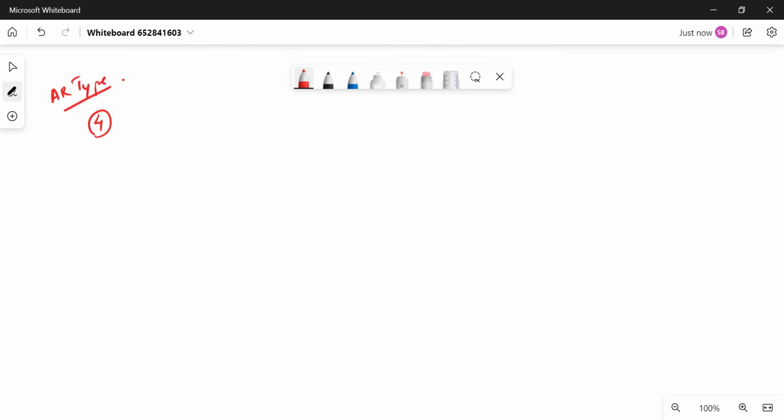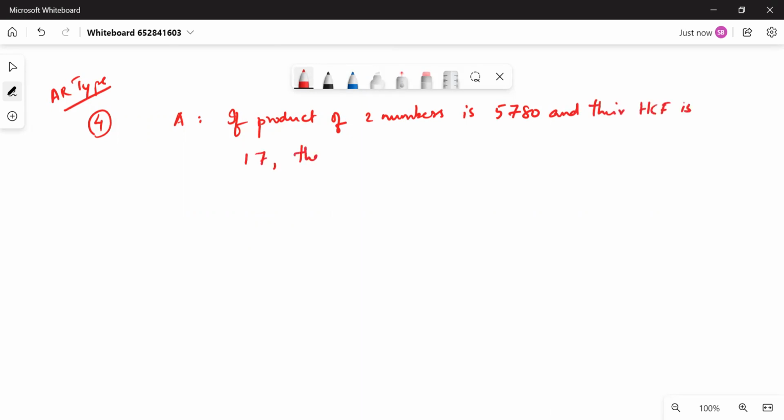They will give you one assertion and one reason. So the assertion over here is, if the product of two numbers is 5780 and their HCF is 17, then their LCM is 340.